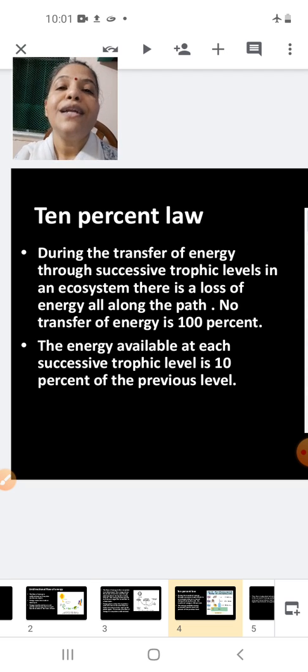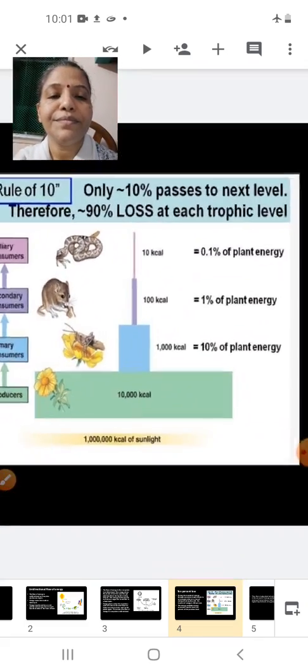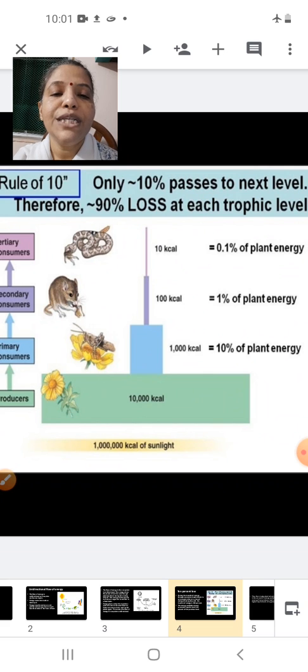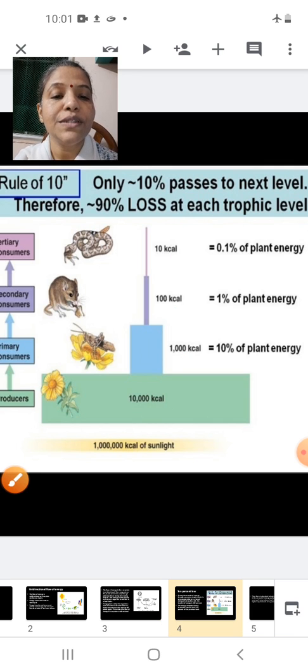We have seen 10,000 getting converted to 1,000 here, you can see the 10% here, 1,000 getting converted to 100 kilocalories, and 100 kilocalories finally getting converted to 10 kilocalories. Okay, I hope the slide is clear, students.